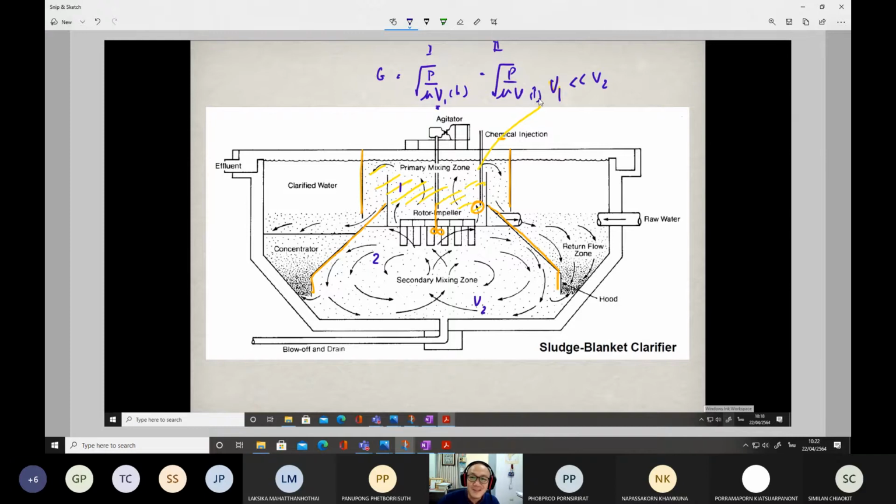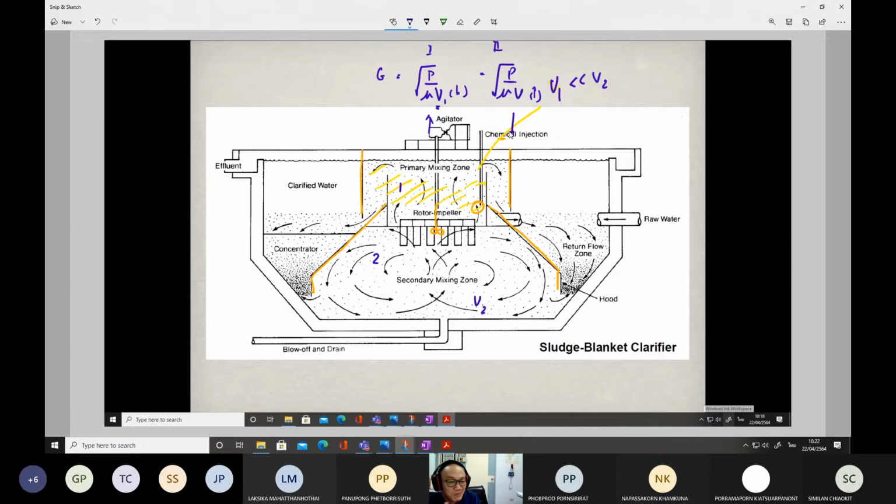So you can expect what the values of G in compartment one and compartment two will be. G in compartment one tends to be higher, but G in the lower compartment tends to be lower because the volume is larger, although they use the same equipment. This is how it works.